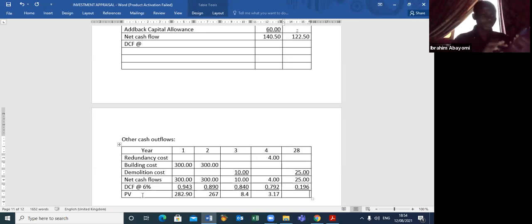And the last one, 25 times 0.196 is 4.9.